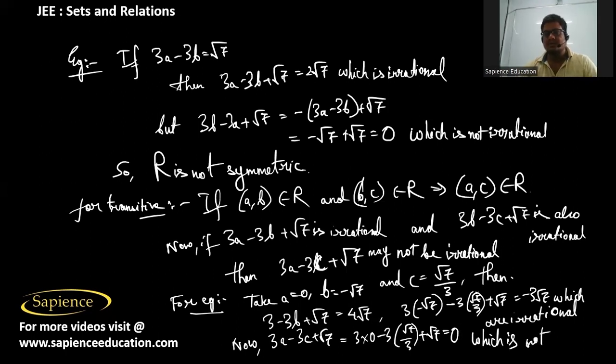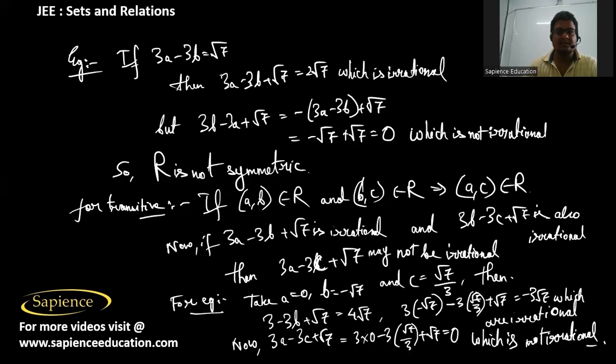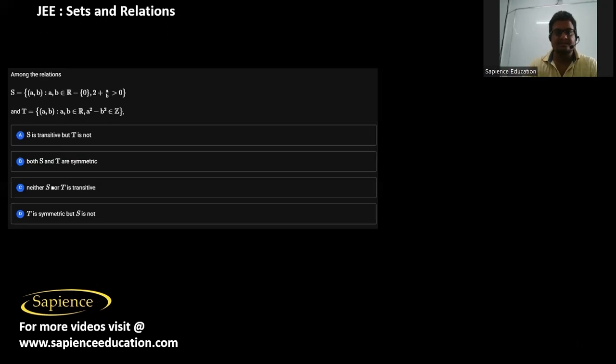So it means that R is not transitive. The relation R is not transitive. So it is reflexive, but neither symmetric nor transitive. So option D is the correct answer.